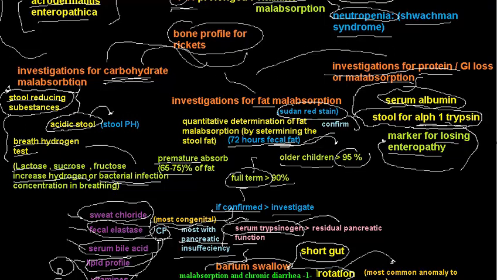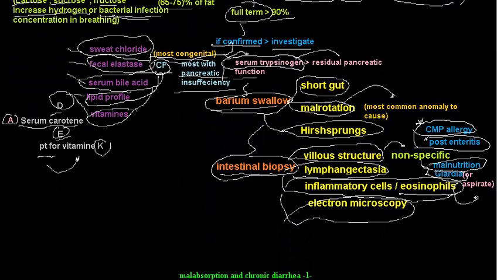Then imaging studies like barium swallow to see if there is any anatomical dysfunction that led to the malabsorption, like malrotation, which is very important. And intestinal biopsy to see villus atrophy, lymphangiectasia, inflammatory cells, and so on.